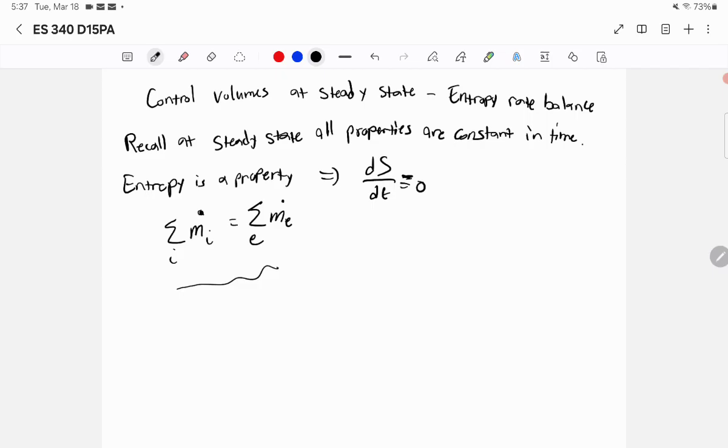So if you have, say, two inlets, I'll label them 1 and 2, and one exit, say number 3, then m1 dot plus m2 dot is equal to m3 dot.